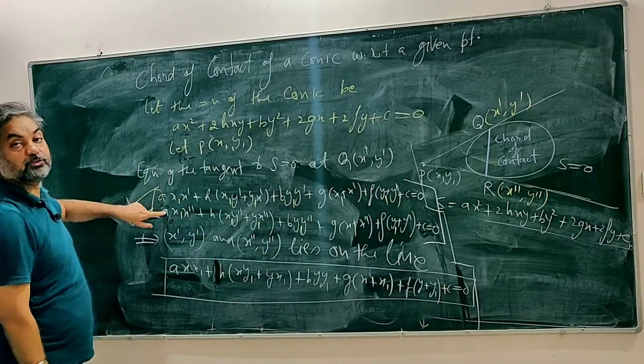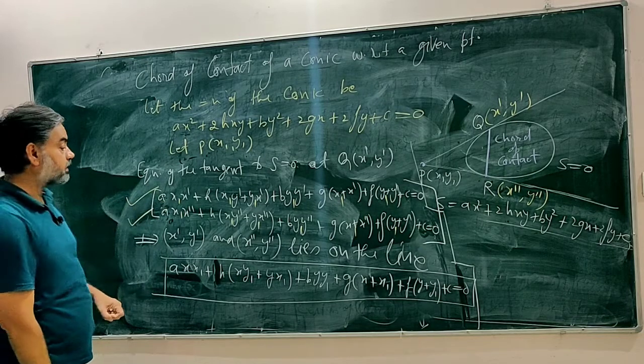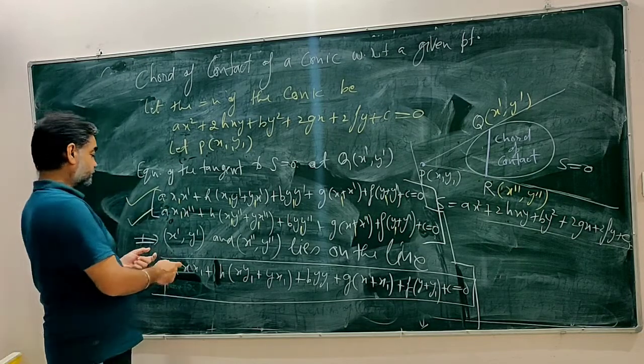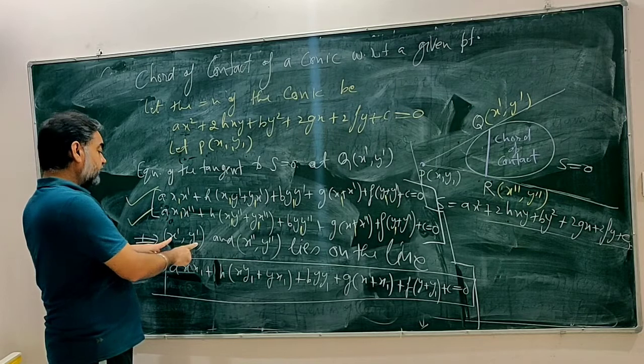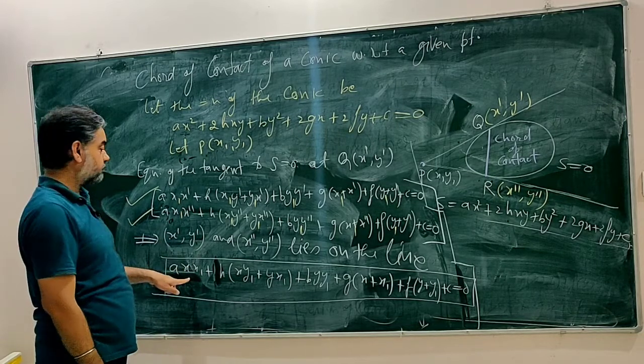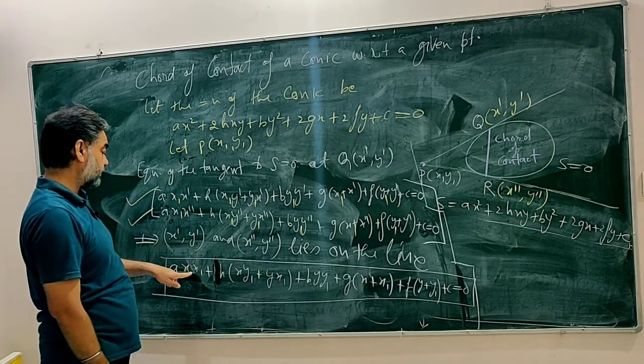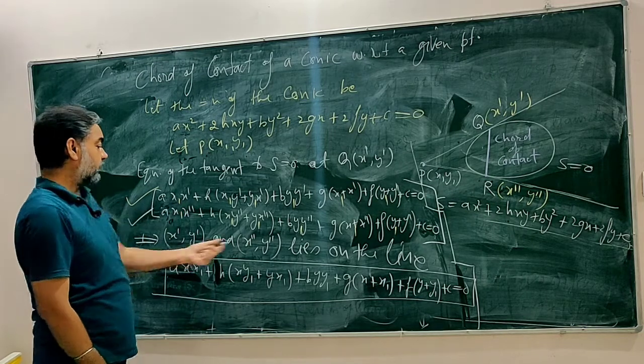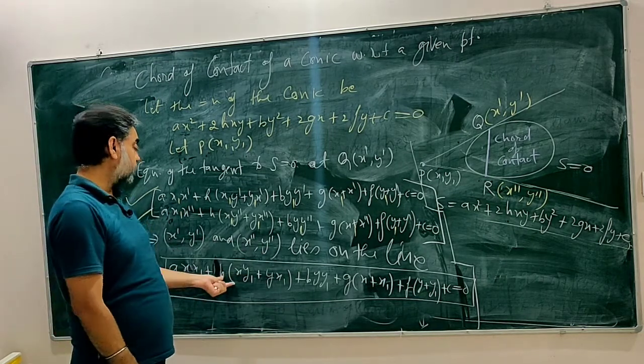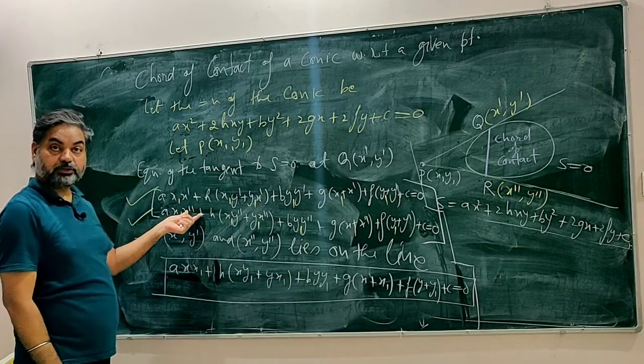These two equations tell us that (x', y') lies on this line because of equation 1, and (x'', y'') lies on this line because of this equation.